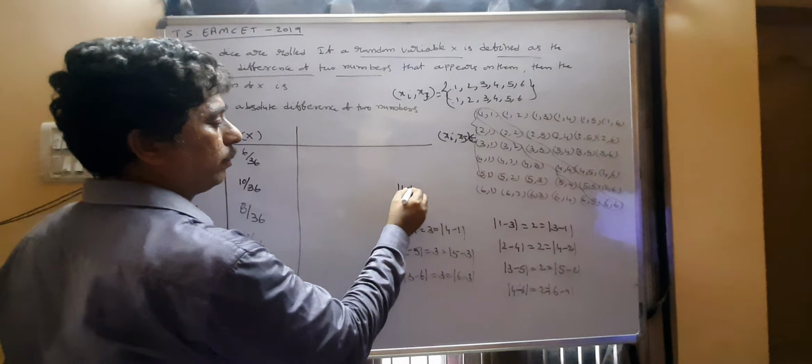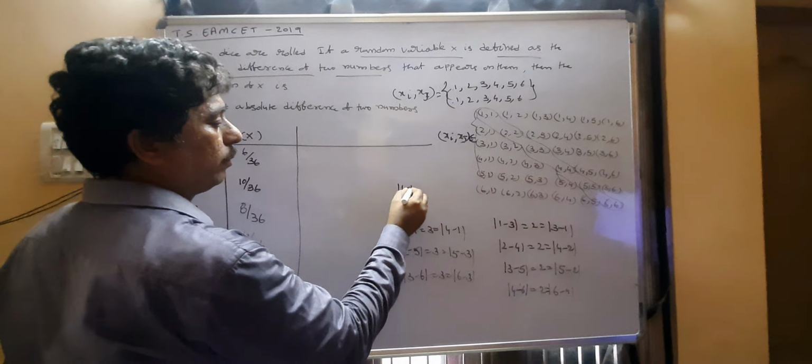They ask us to find the mean of X. Mean of X, we know very well, the formula is sigma xi into probability of xi.